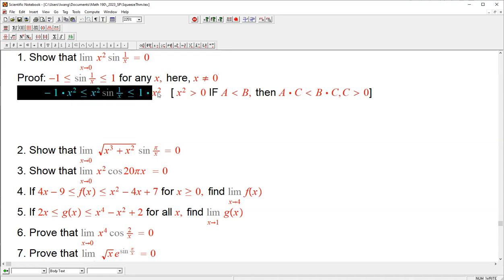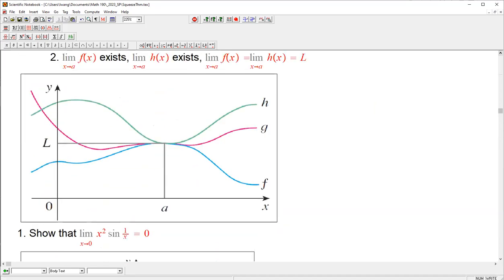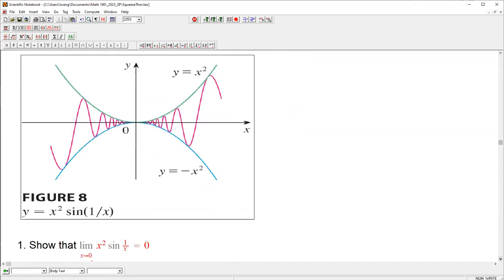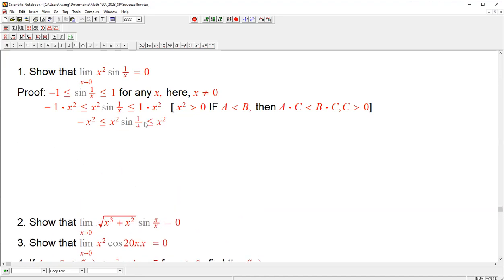So now once we get to this point, we simplify: negative x squared, and this 1 times x squared. So we have identified the f and the h. The function we are working with, x squared times sine of 1 over x, is squeezed in between these two. And then we can take the limit.